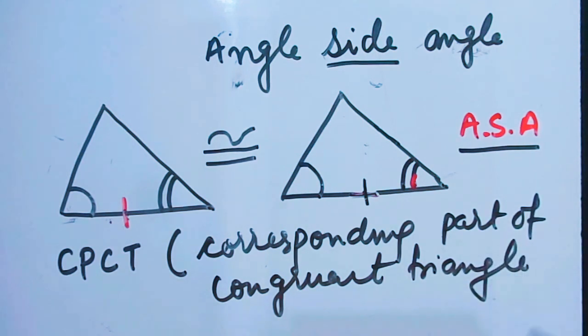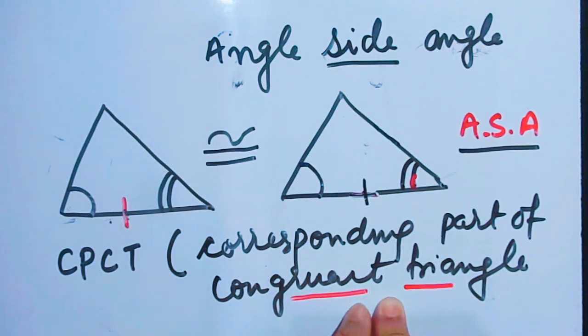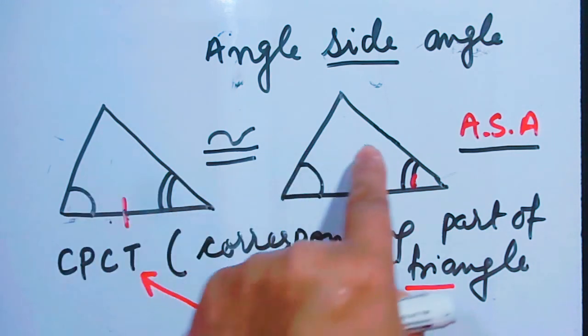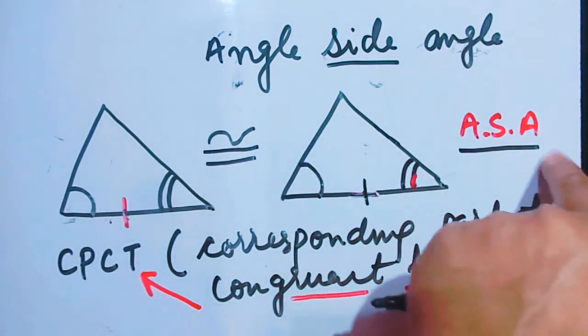That is why here you need to concentrate on this. Congruent triangle means first you have to prove that the triangles are congruent, only then you can use CPCT.